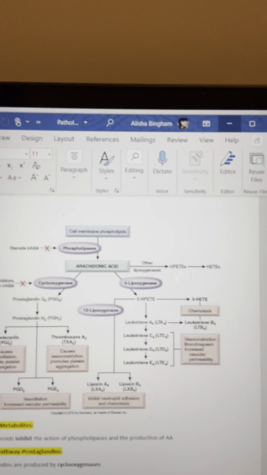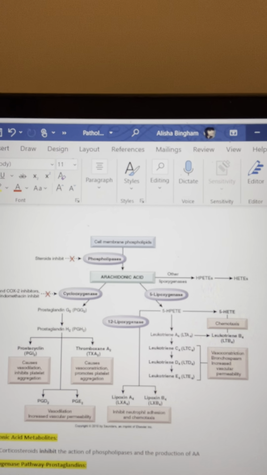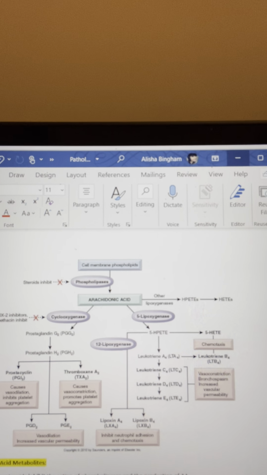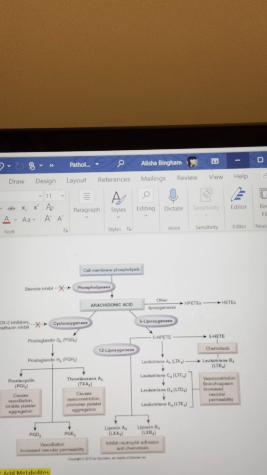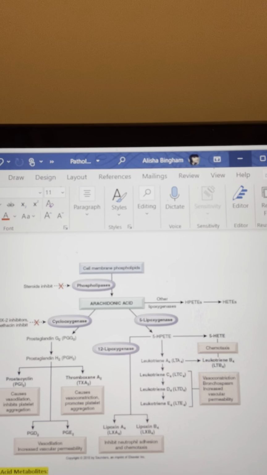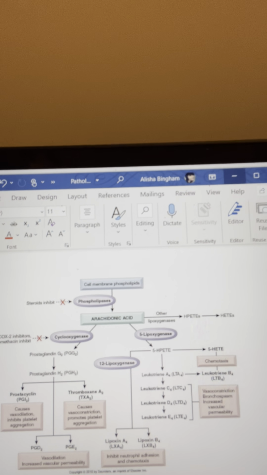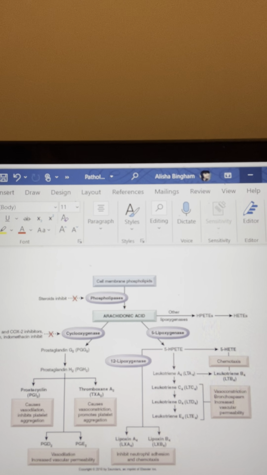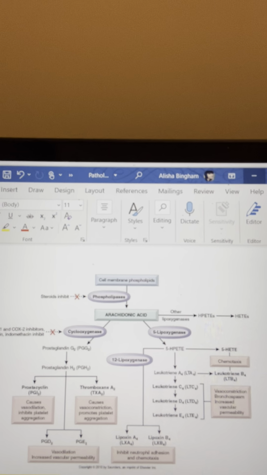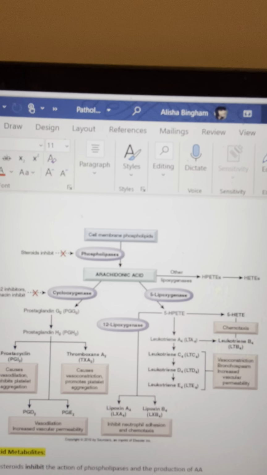So again, steroids inhibit basically phospholipases, so arachidonic acid is not even made. So again, that cuts off cyclooxygenase being made as well as lipoxygenase. Whereas NSAIDs are here, where they are COX-1 and COX-2 inhibitors, but they only have to do with this side of this pathway.